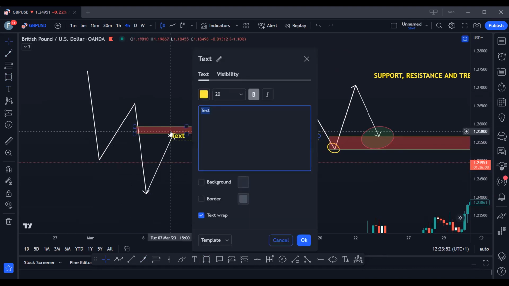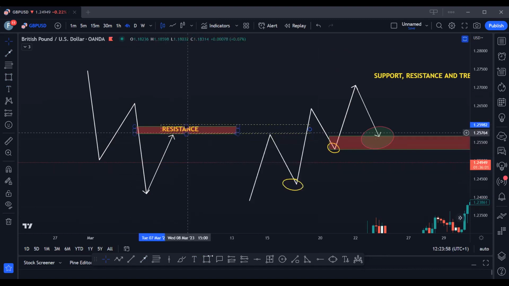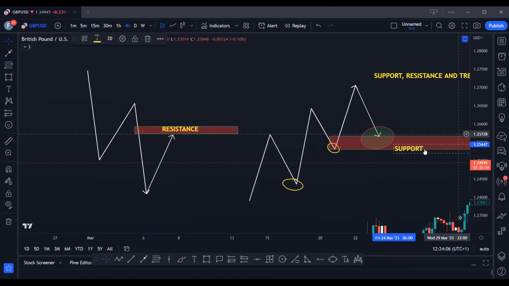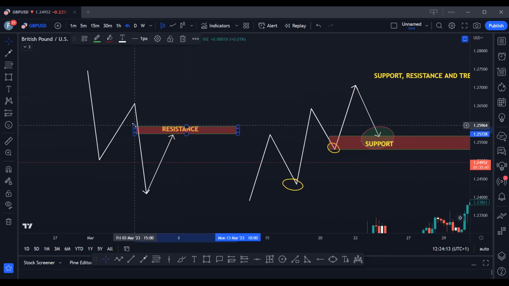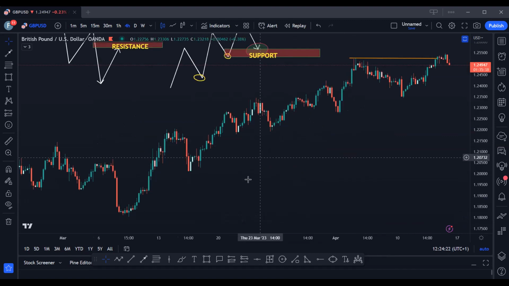So this is resistance, and this is an area of support. Resistance, this is support. Are we together, guys?